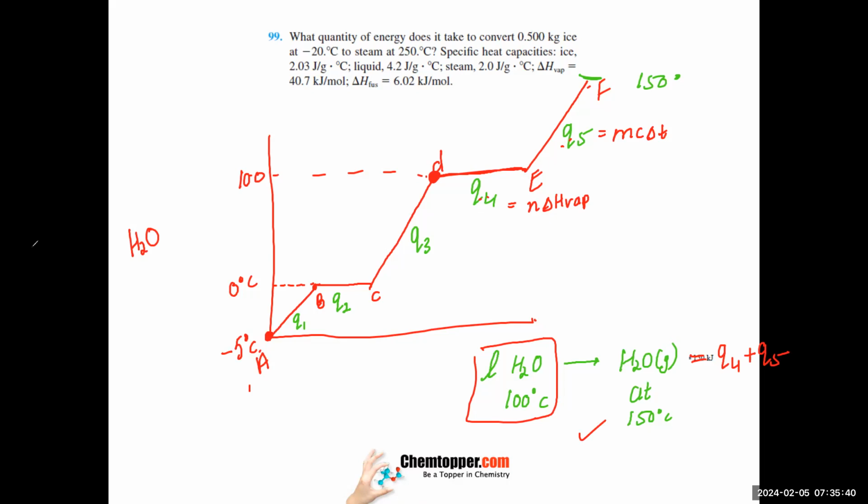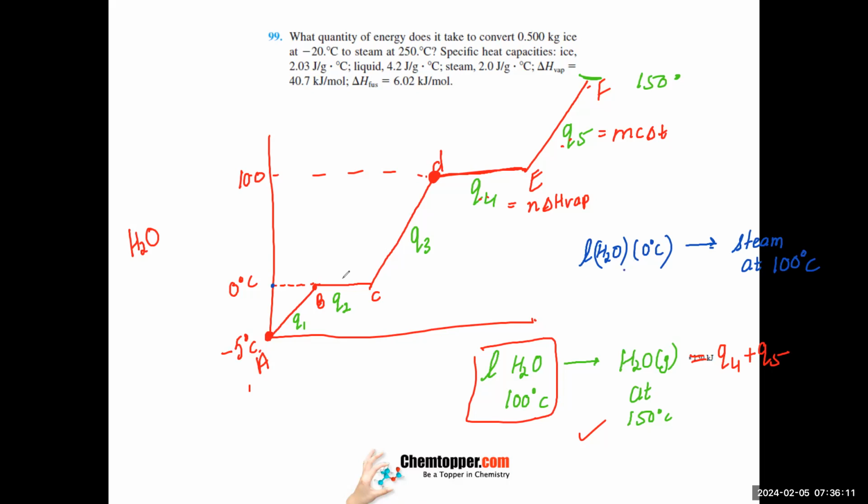But if the question is like this, liquid water at 0 degrees Celsius to steam at 100 degrees Celsius, how much heat? 0 is here.